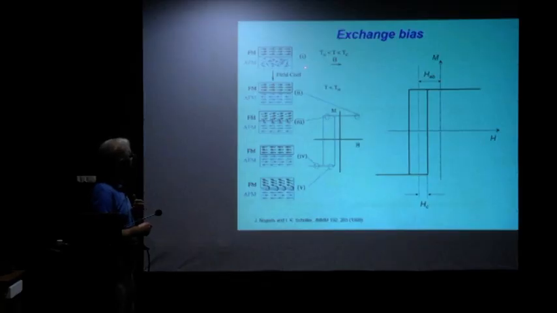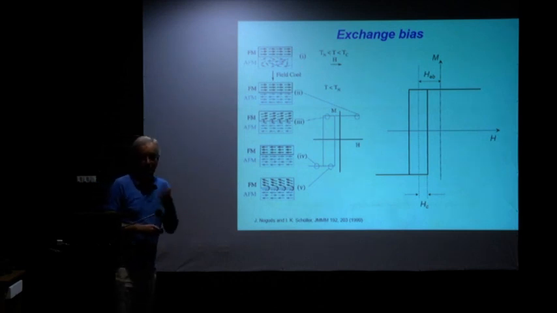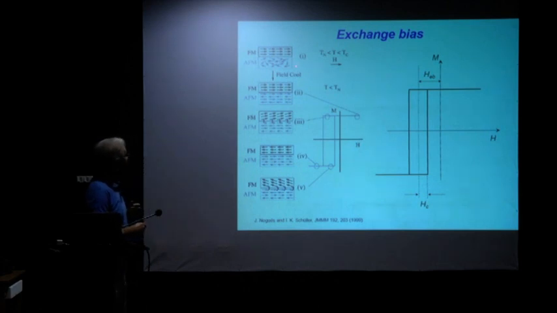We have this in a system if we grow two films on top of each other. This is the easiest way of looking at it, actually. Let's say we have an anti-ferromagnetic film and a ferromagnetic film grown on top of each other. This has a certain Néel temperature and this has a certain Curie temperature. We select the material such that the Néel temperature is lower than the Curie temperature.